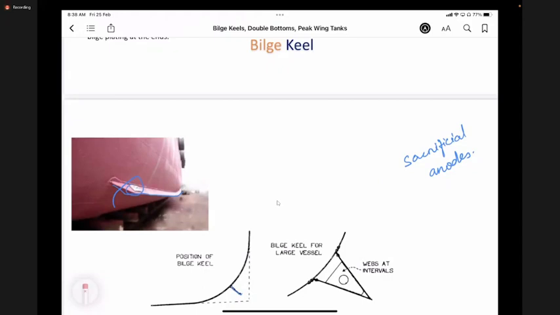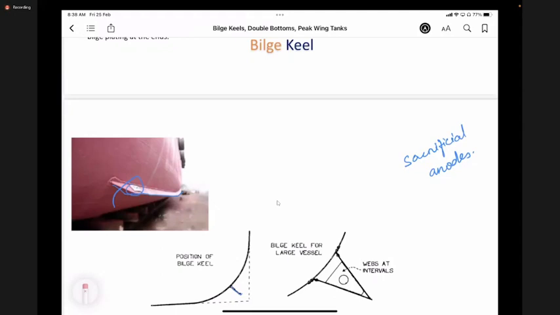The bilge keel is added to the ship in such a manner that in case it hits something, the damage to the hull is minimum. It is possible that the bilge keel will get detached and removed, but our hull stays safe.